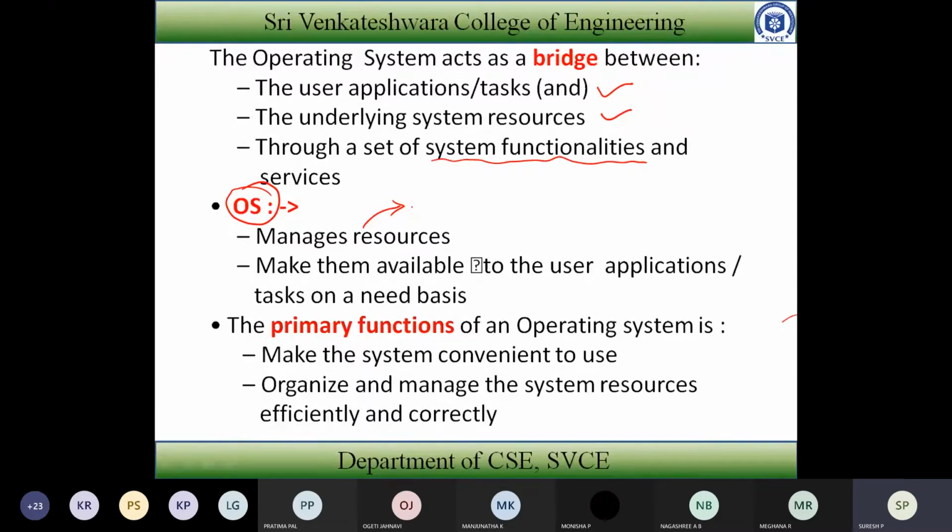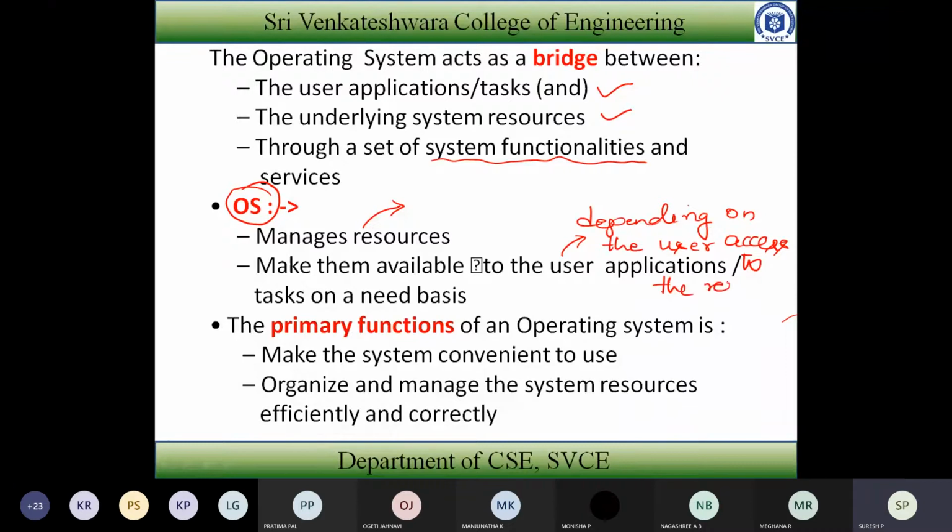It manages the components which you connect to the system, and it makes those resources available to the user application as and when required by the user. Depending upon the requirement of the user, that particular resource will be given, according to the user's access to the resources.